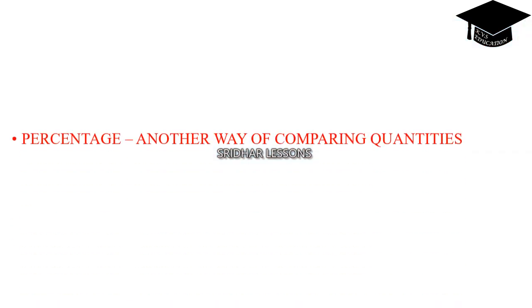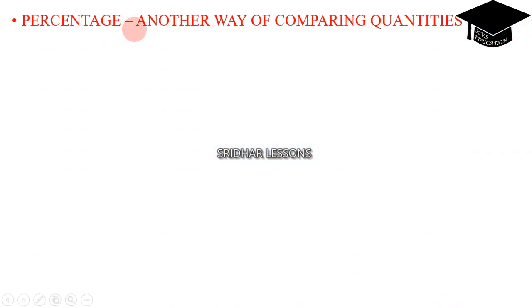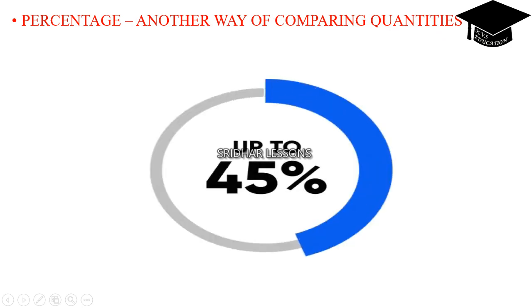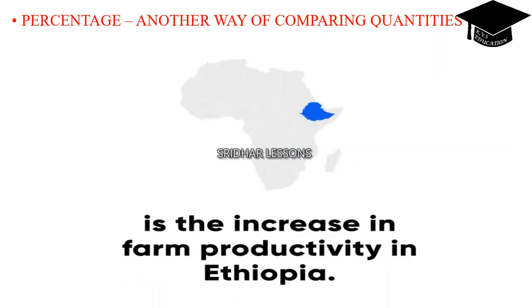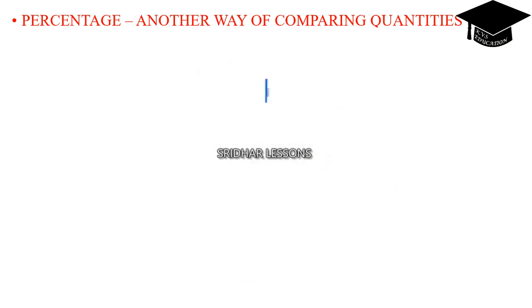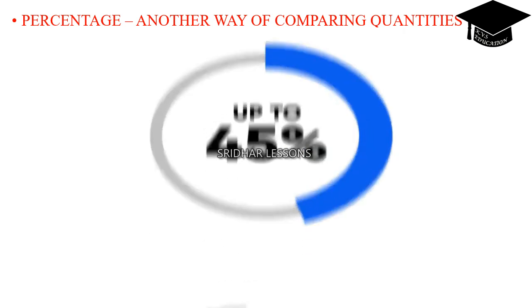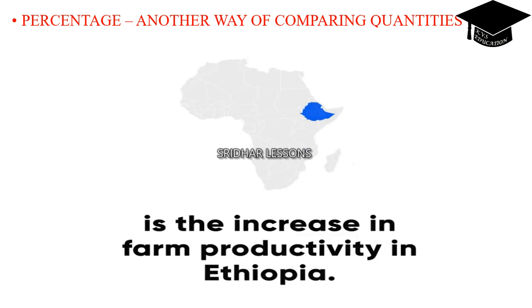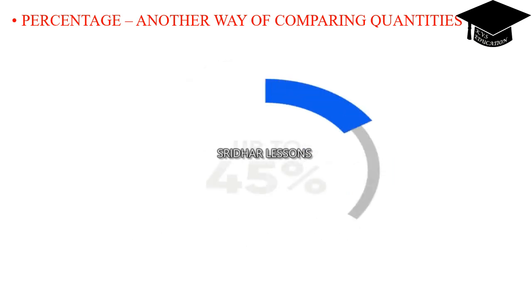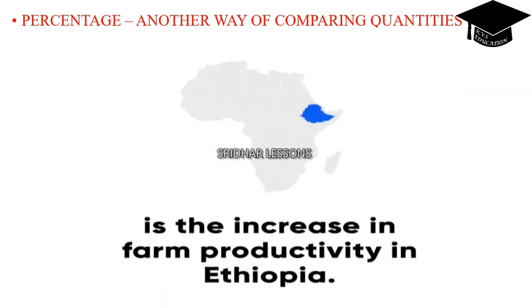Next, percentage. Percentage is another way of comparing quantities. See, 45%, up to 45%, we can represent like this.